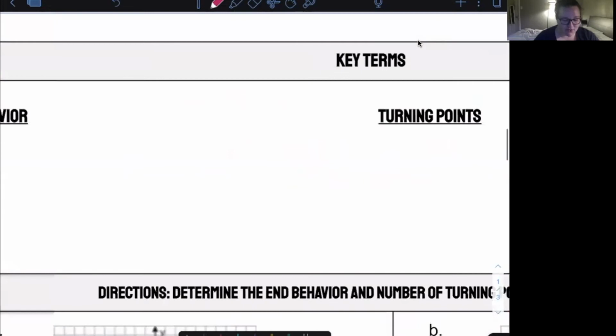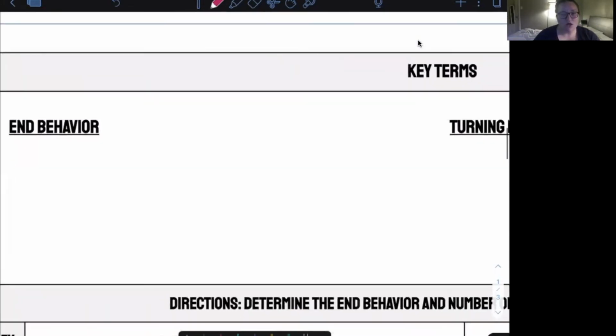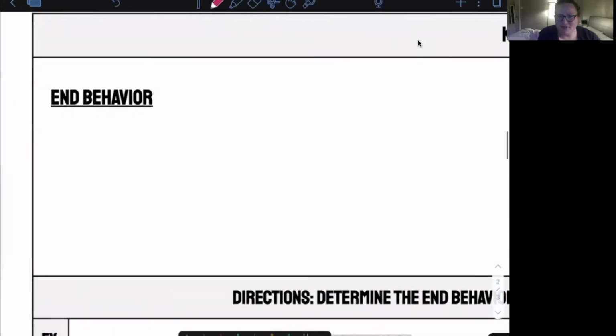All right, so let's learn a couple more things. Well, we've actually already discussed end behavior, but that was a while back in semester 1. So we're going to review end behavior just to make sure we remember what end behavior is. So if you recall, end behavior describes the behavior of a graph from the far left to the far right.